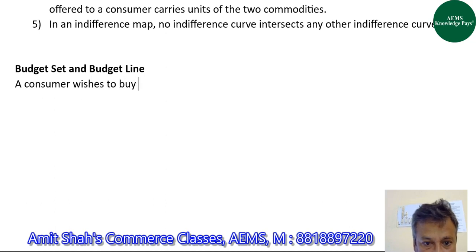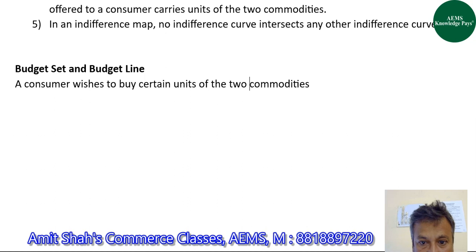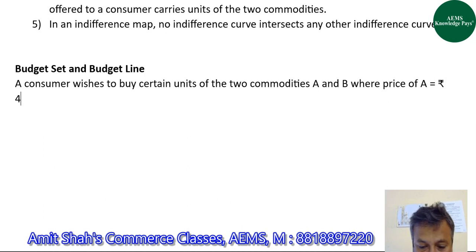Do not write this, guys. A consumer wishes to buy certain units of the two commodities A and B, where the price of A is rupees 4 per unit and the price of B is rupees 3 per unit.